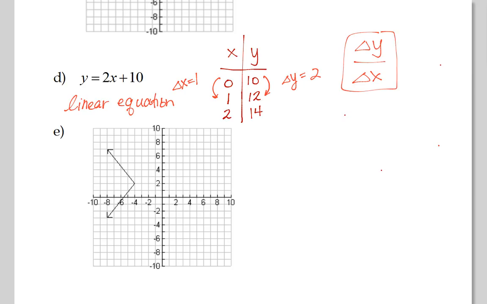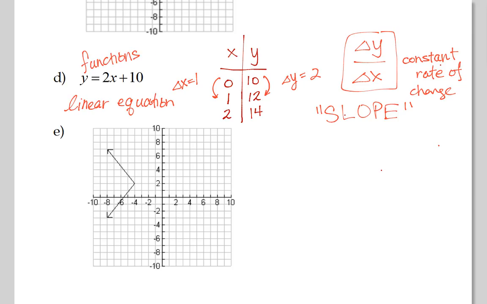If you're in Science 10, you know what that is. This constant rate of change, what's that called? Slope. So yeah, linear equations are functions. So this is a function, yes.